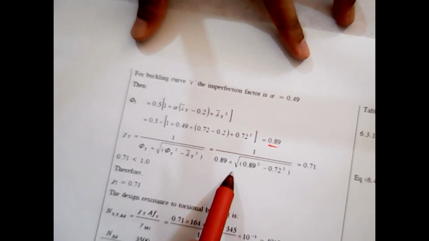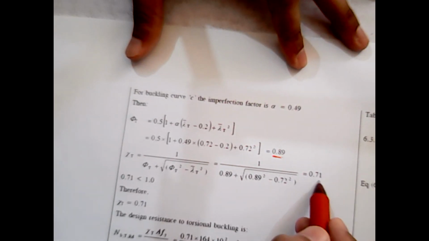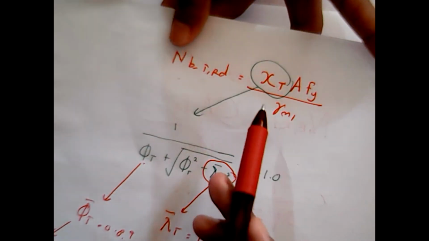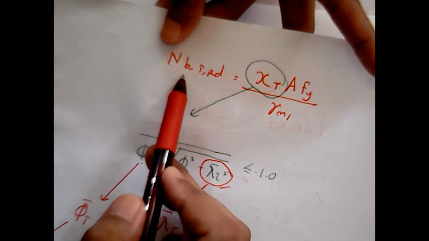Substitute all the required parameters into the equations, and you get 0.71, which is less than 1. And substitute everything into these equations, you get NBTRD.